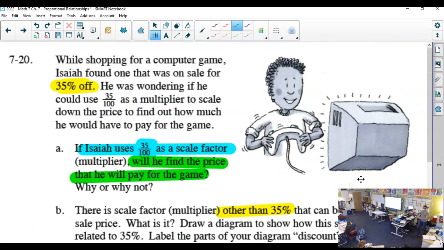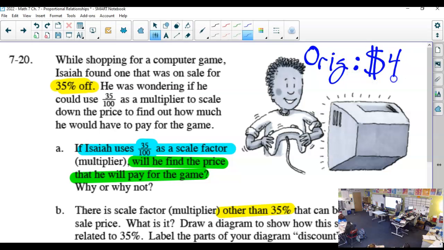If you want to number this, this is number 20. I'm going to write that down. The original price. Talk with your team. If it's 35% off, how can we solve this problem in like one step? Now, be careful, 35 is not as nice of a number as what we just worked with.